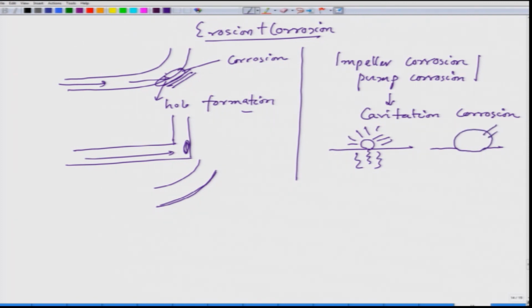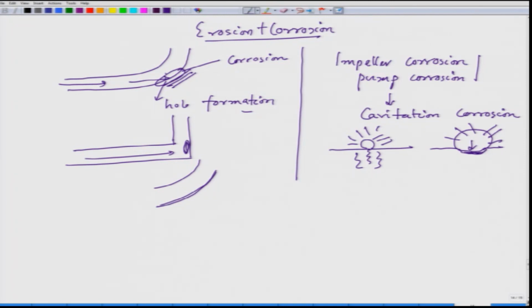So, another collapse and then shock wave generation, this will be deformed further and it will be corroded further. Like that, this goes on. This is cavitation corrosion, which is bubble formation and then collapse of the bubble because of the pressure change. This also has a scientific explanation, but we are not looking at that. I am just giving an overview that this is a form of corrosion.